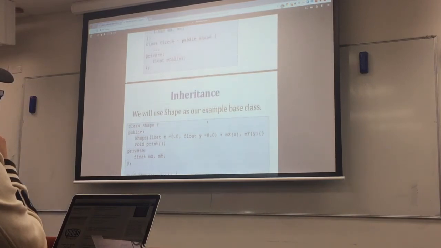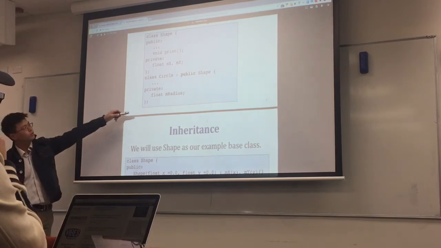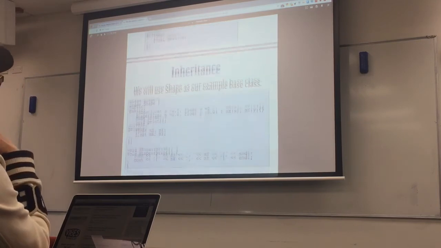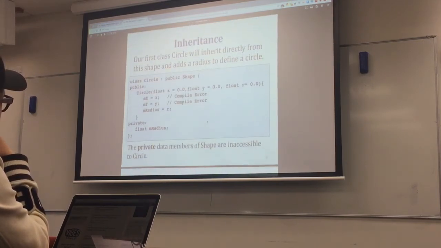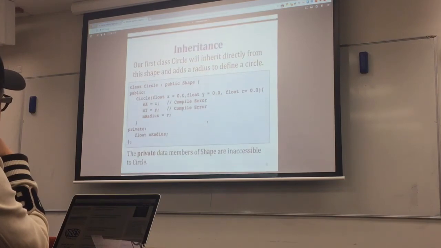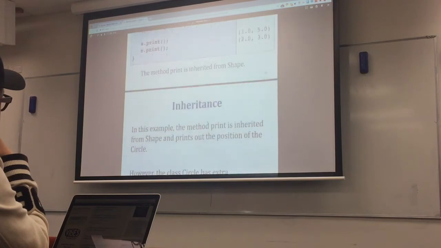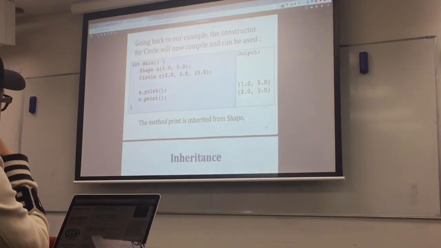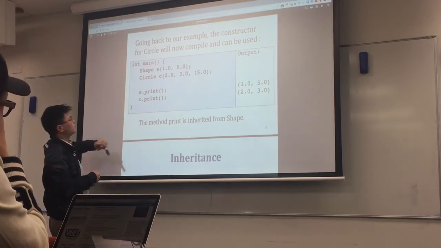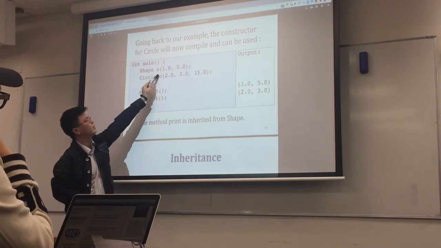When we inherit shape from circle, circle will sort of get a copy of the print function itself, and then when you call print from circle, because it is a copy of the print function in shape, it will print out these two numbers.